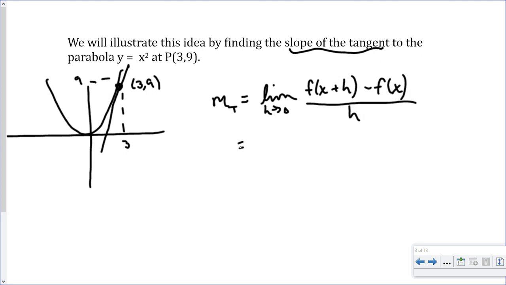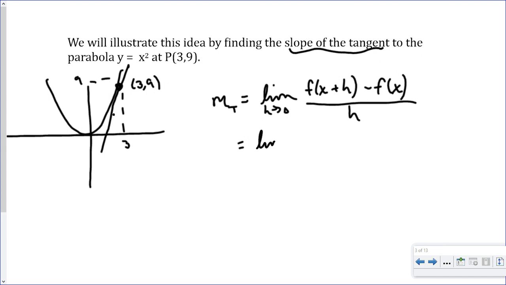Now I can substitute x equals 3 into this equation if I want to, or I can apply my function, work it out, and substitute at the end. I'm going to do that as an alternative way to do this.